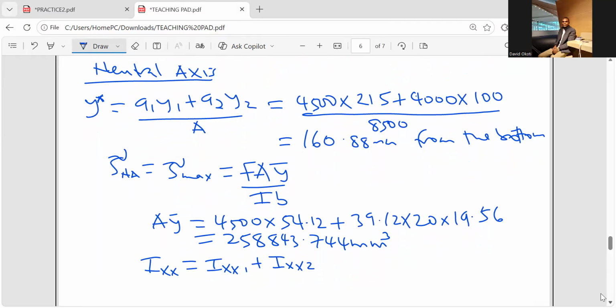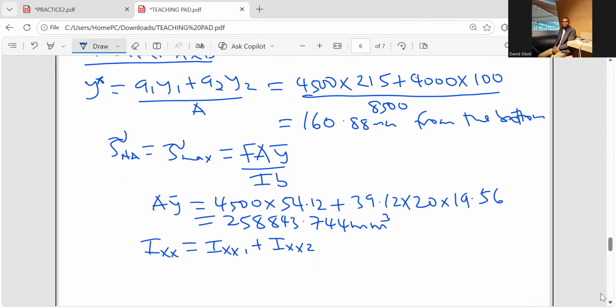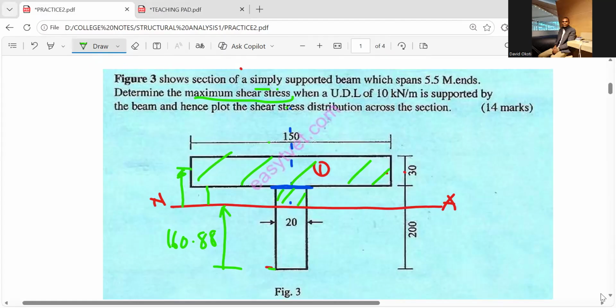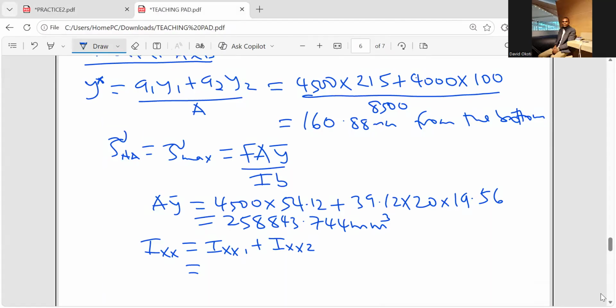Moment of inertia of the flange is B D cubed over 12, which is 30 times 150 cubed over 12, but we have the theorem of parallel axis.